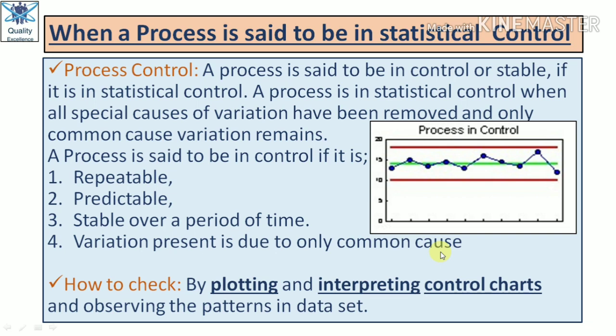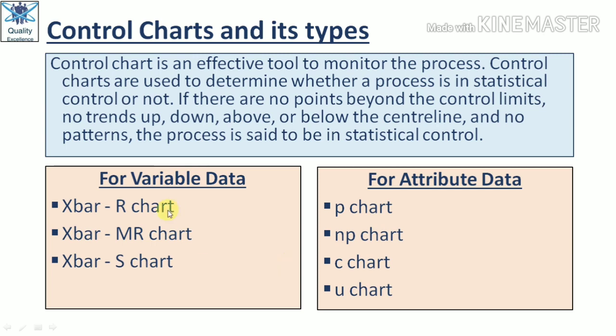And how do we check whether the process is within control or not? We check it by plotting and interpreting control charts and observing the pattern in dataset. So let us know further about interpretation of control charts. For interpreting control chart, you need to plot the control chart first, and looking at the type of data, there are different types of control charts.